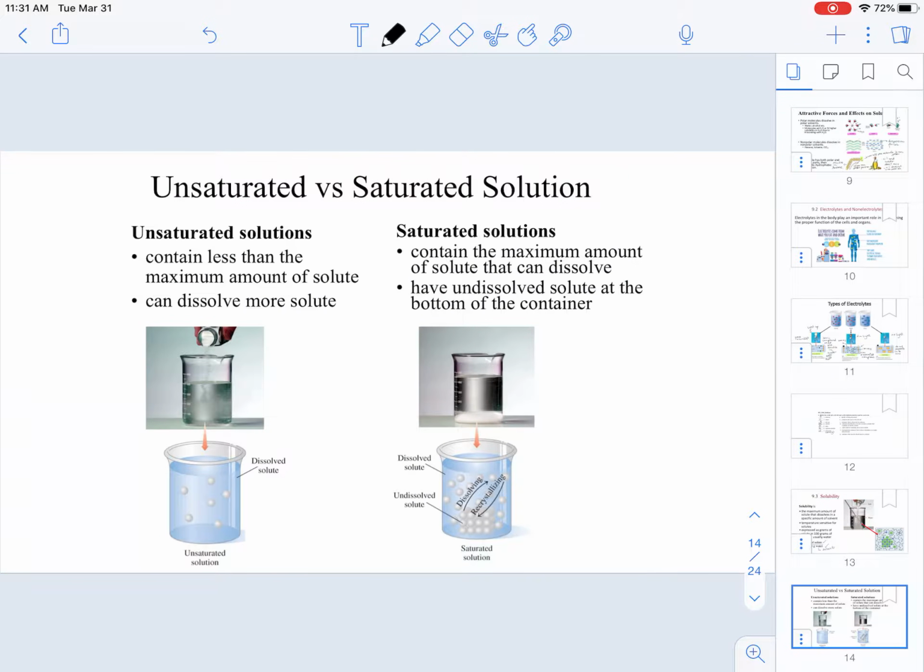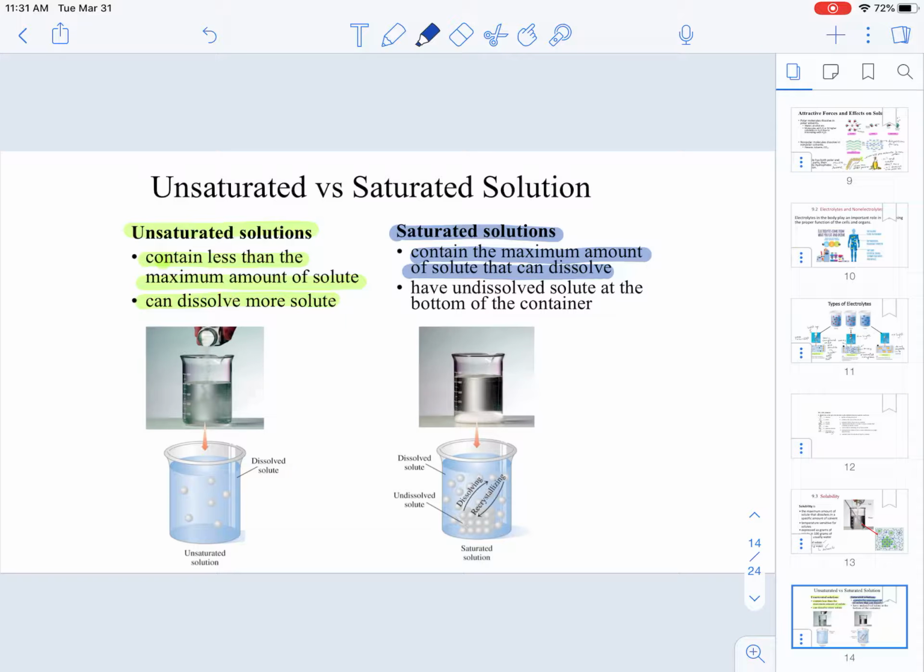Now, when it comes to different types of solutions, as you can see, we can have 2 types. Unsaturated solutions, which means that we have less than the maximum amount of solute that that solvent can retain. So that means that more solute can be added to that solution. And we can also have a saturated solution, which means that it contains the maximum amount of solute that it can dissolve.